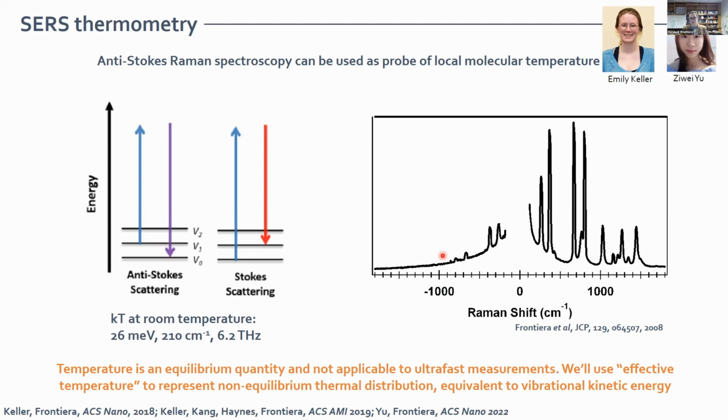And these ultrafast systems, and as we'll see later, steady state systems are not at equilibrium for these plasmon-molecule systems. And so we're going to use the term effective temperature, which just describes the ratio between these anti-Stokes and Stokes scattering sides of the spectrum. And really, a better way to think about this is really just thinking about the vibrational kinetic energy. So how high up into these different vibrational wells are these molecules?